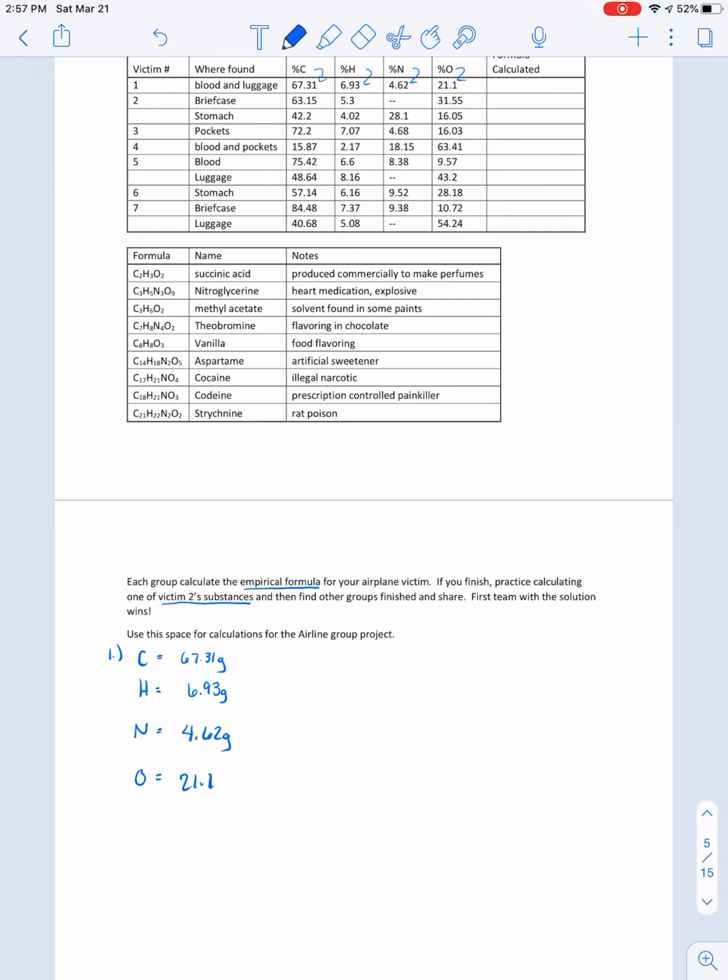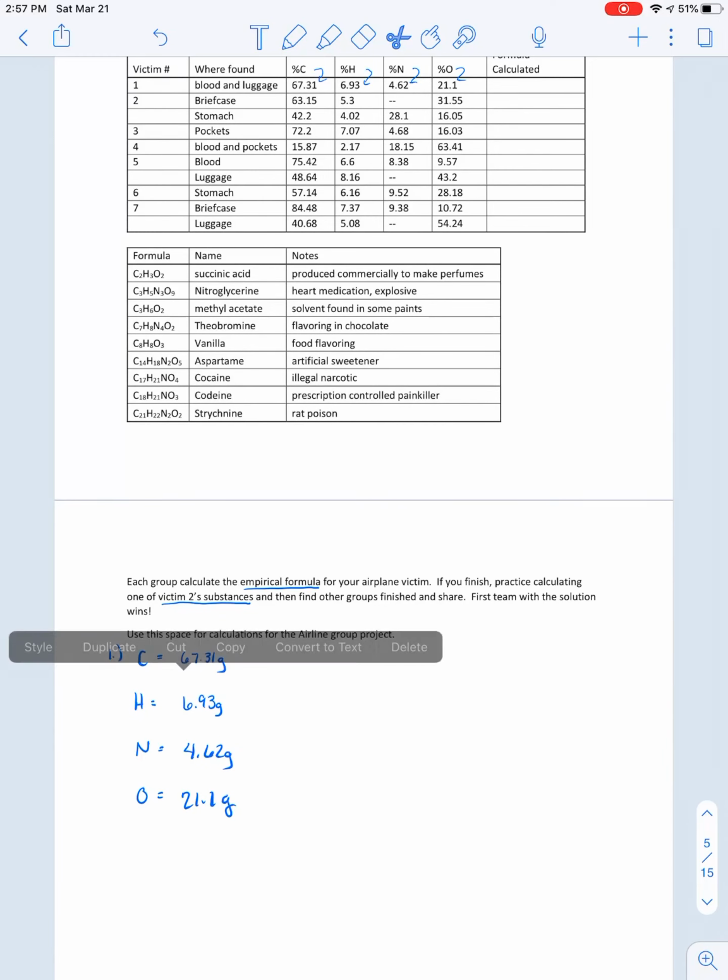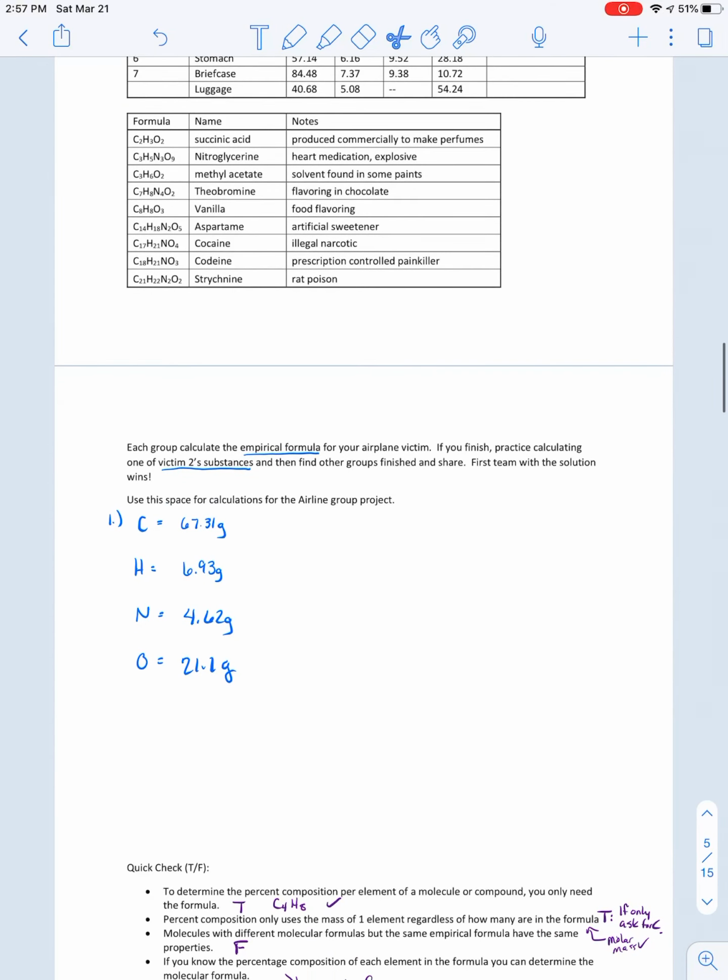Nitrogen would be 4.62 grams. And oxygen would be 21.1 grams. I'm going to scooch them out just a little bit to have more space. This is the point at which it would be perfect for you to pause the video and work this out yourself, remembering all of the following steps to get this person's information.